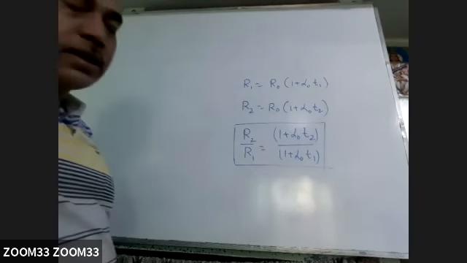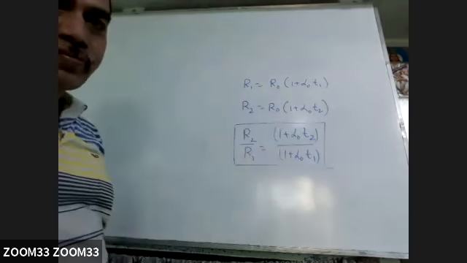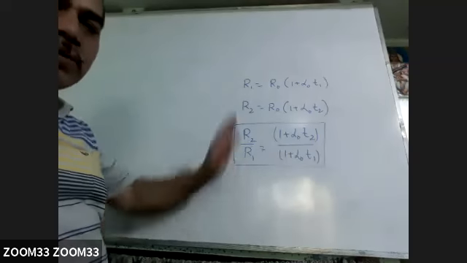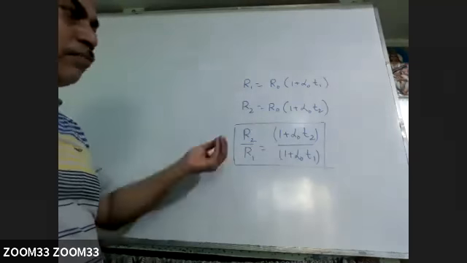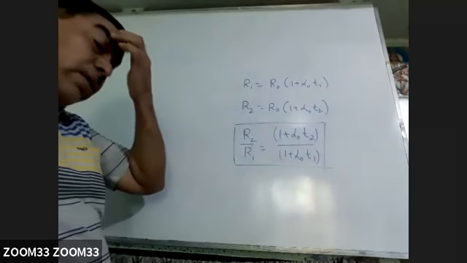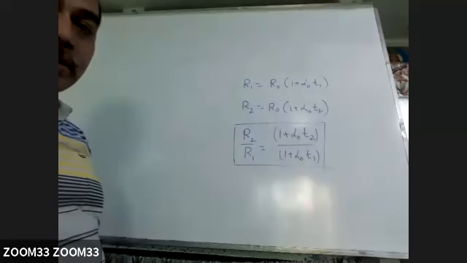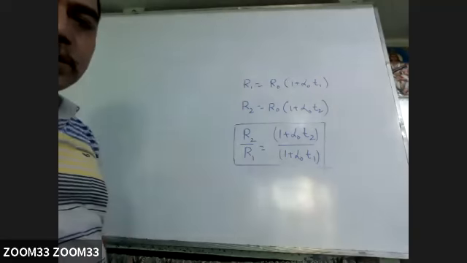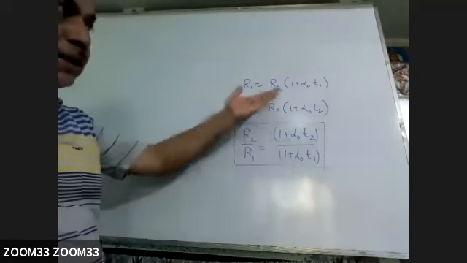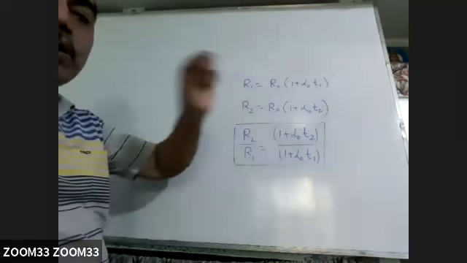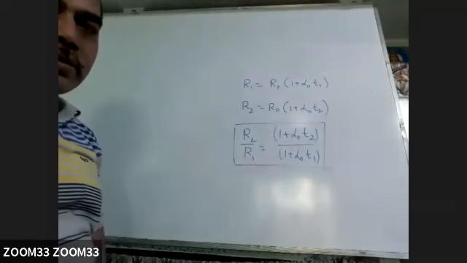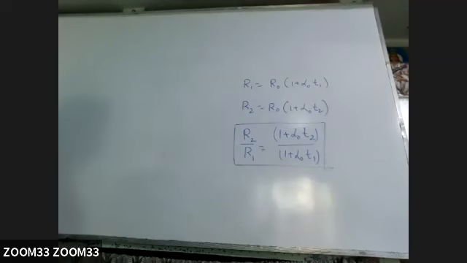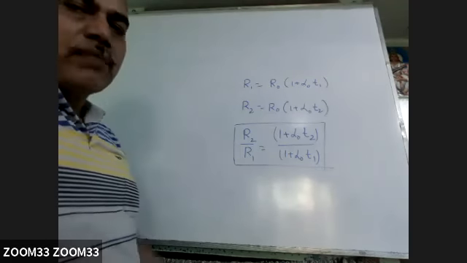There are some materials for which alpha is negative also. All metals have a positive temperature coefficient, but some materials have a negative temperature coefficient, like semiconductors. With increase in temperature, their resistance decreases, so if you apply the same formula, the value of alpha will come out negative.